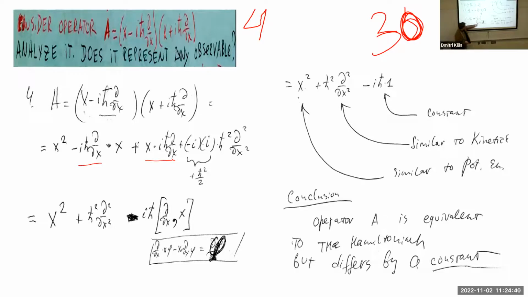And if you have this combination, if we open this little thing, we were doing it in class, but let's do it once again. The first term, d/dx of x times phi, equals d/dx of x times phi unchanged plus x d/dx of phi. And the second term is minus x d/dx of phi.